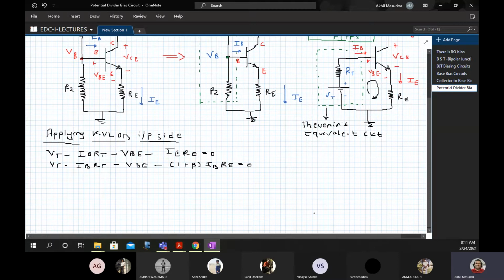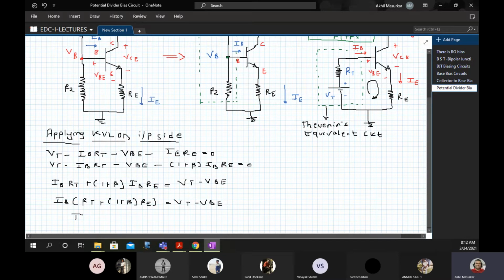So let me go a little bit down. From this I can write IB into RT plus (1 plus beta) times IB RE equal to VT minus VBE. So I can take IB common here and write RT plus (1 plus beta) times RE equal to VT minus VBE.